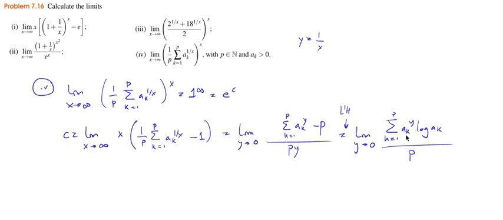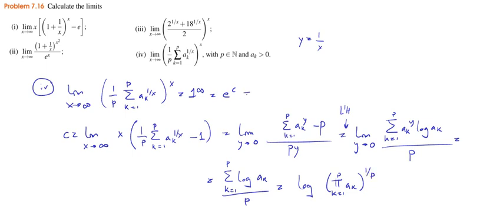And this a sub k to the y is going to 1, so this is equal to the sum of the logarithm of a sub k over p, or in other words, the logarithm of the product from k equals 1 to p of a sub k to the 1 over p. Okay, so the limit is e to the c, so the limit is going to be the product from k equals 1 to p of a sub k to the 1 over p. Okay, this is the limit. And that ends the problem.